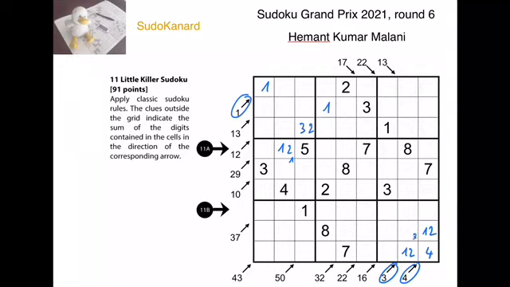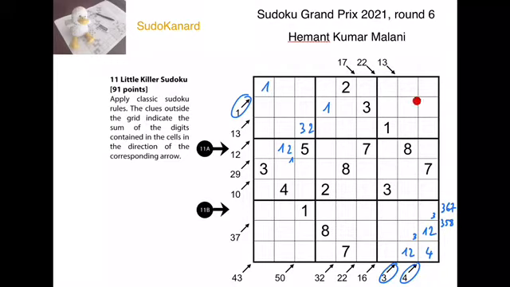So we have to put a 3 in one of those 2 positions. And the other digits will be either 6 and 7 or 5 and 8. And something interesting is that if there's a 7, then it has to be here with 3 and 6, and it doesn't seem to be impossible.